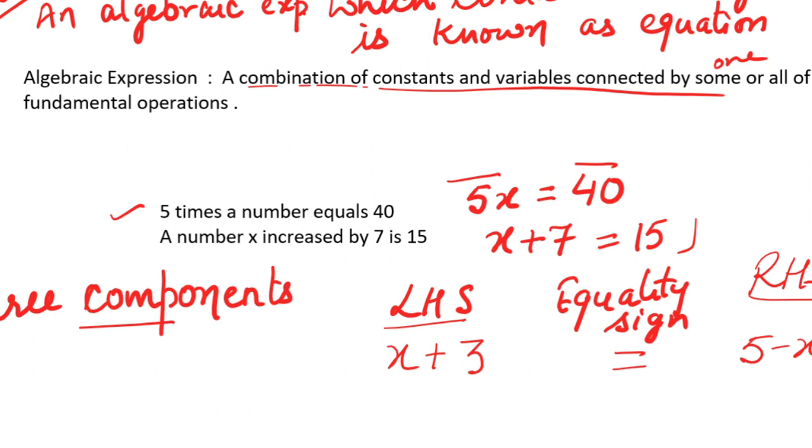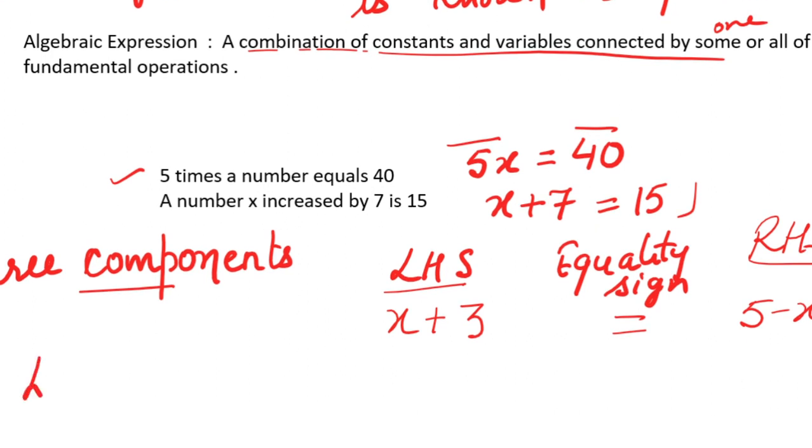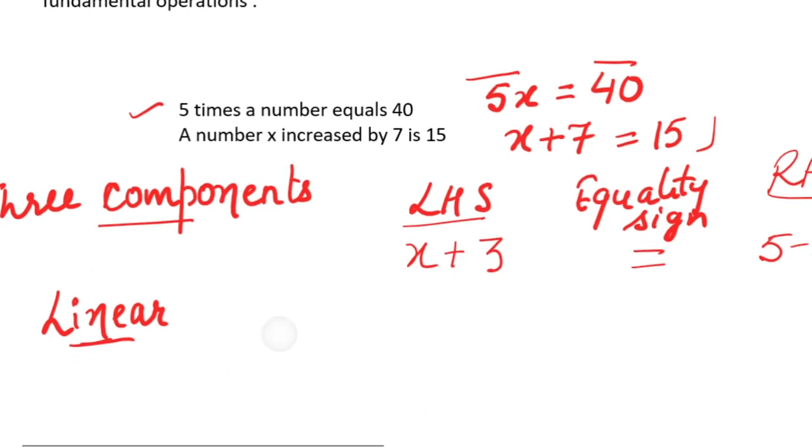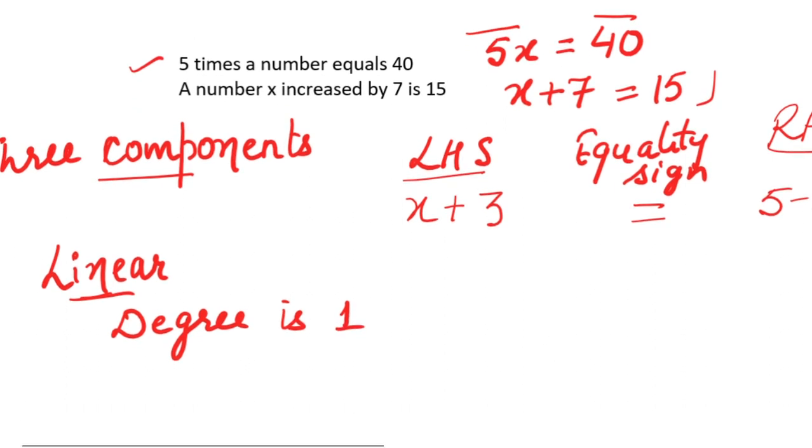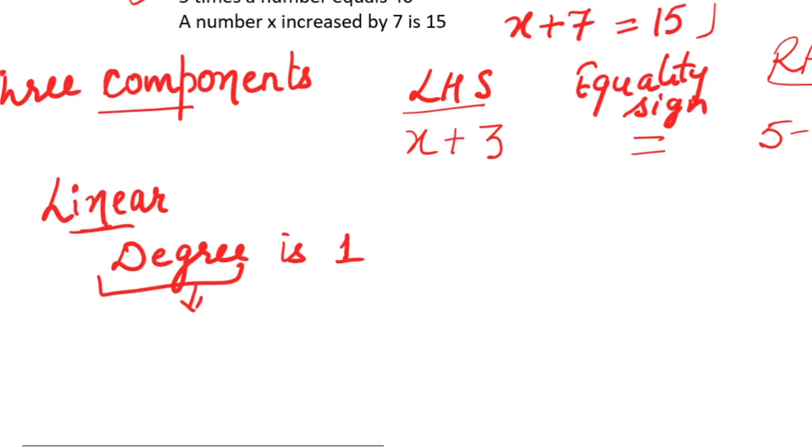Now let's understand the next part. What do you mean by linear? An expression is linear whose degree is 1. Now the next question arises, what is degree?